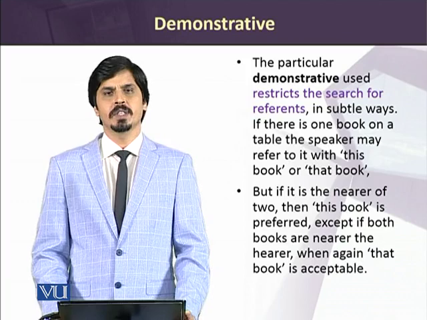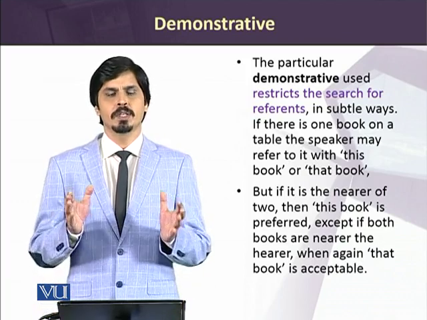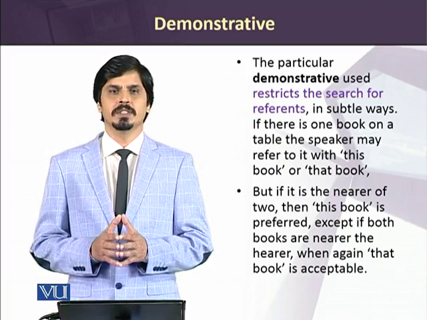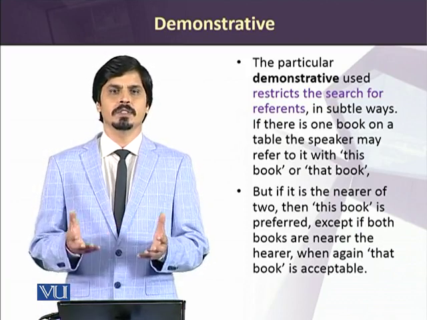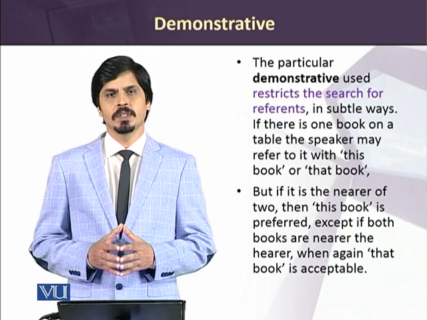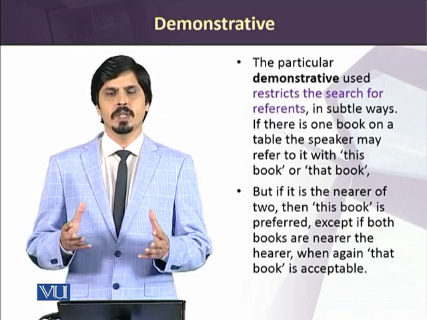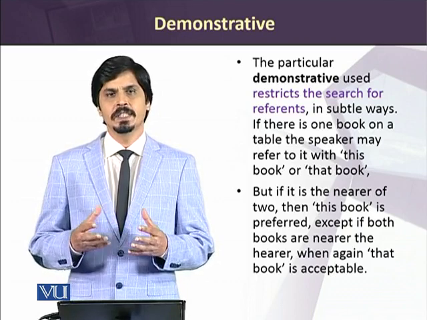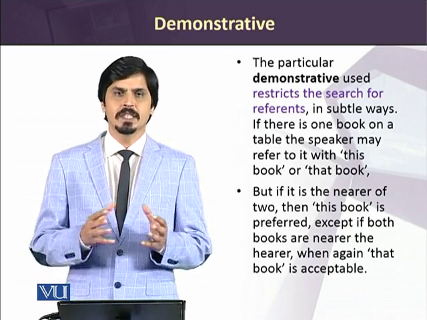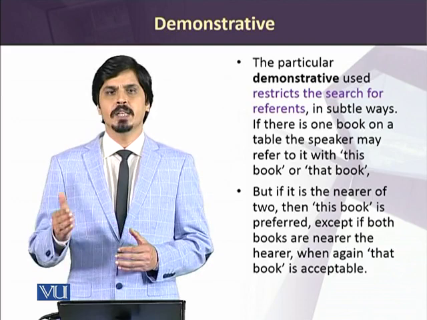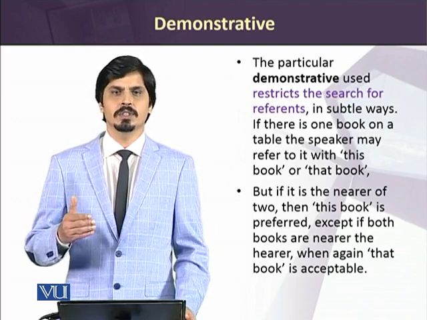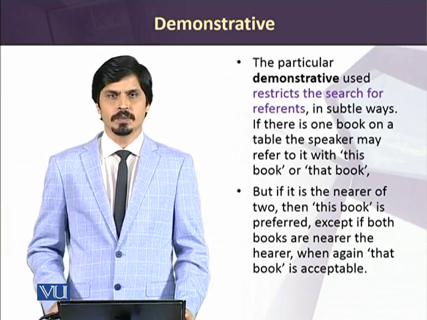To explain this further, if you have one book on the table and somebody says this book, it's all right, it's the book which is on the table. But if there are more than one book, the speaker would usually say this book to the one which is nearer to the speaker, and that book to the one which is far away from the speaker.